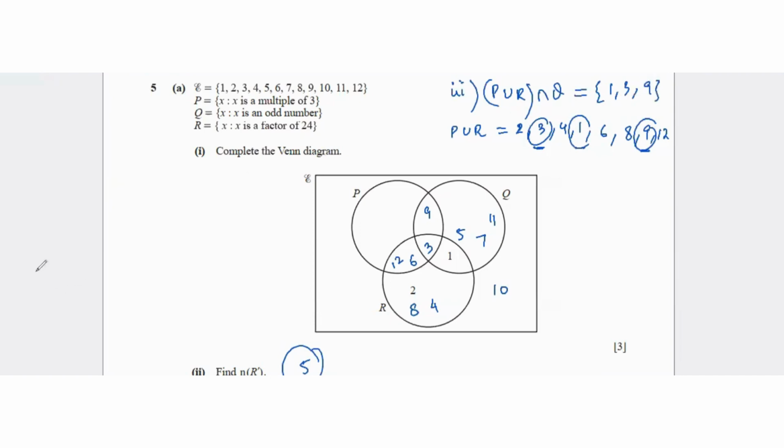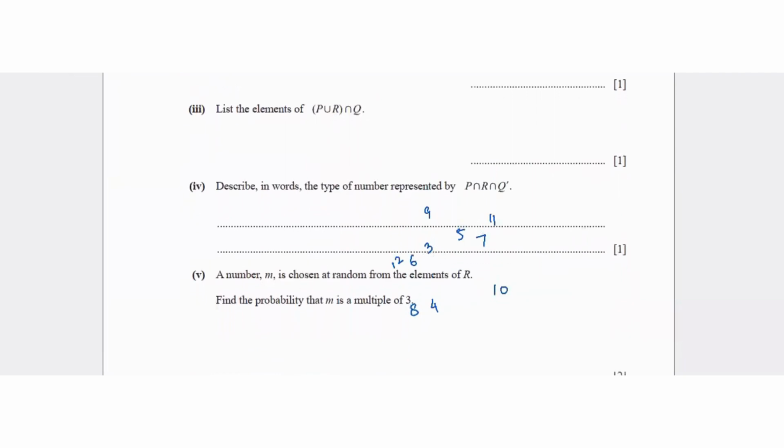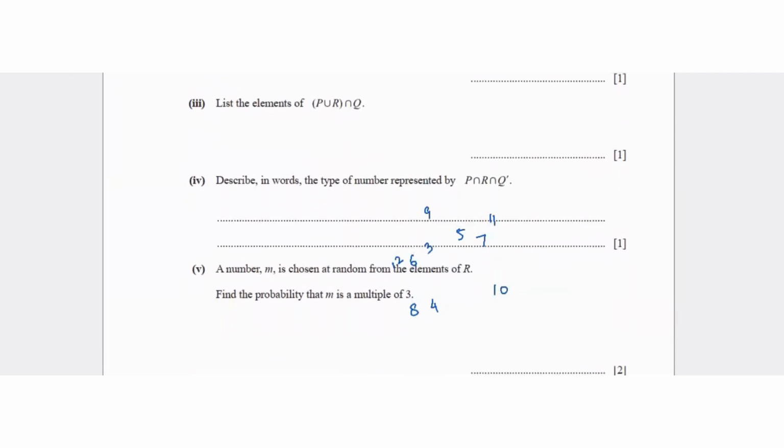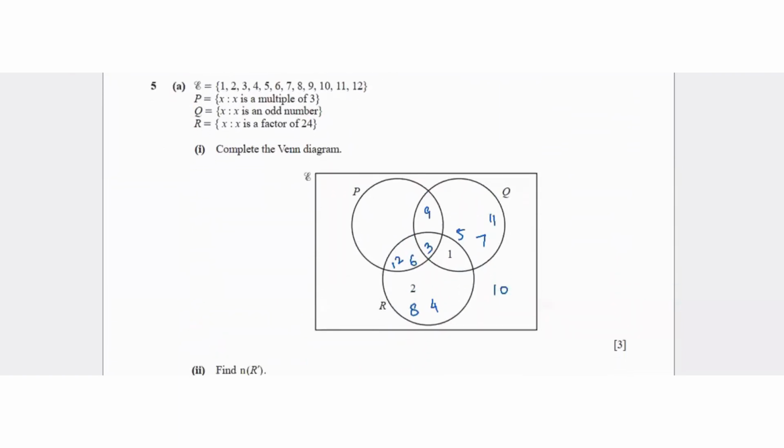Next, they're asking us to describe what type of number is represented by P intersection R intersection Q complement. First let's find P intersection R, which is 3, 6, and 12.